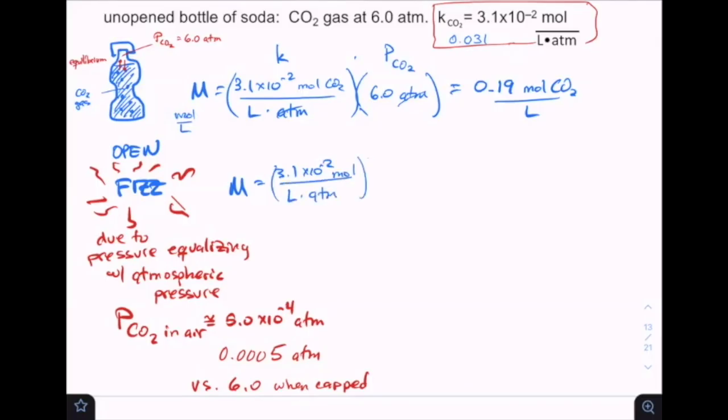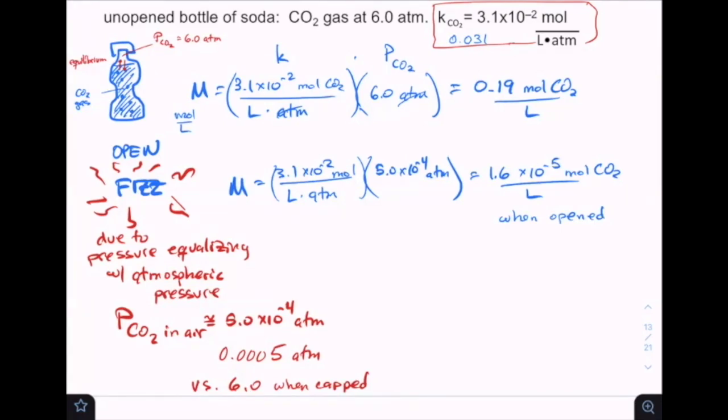But now we have a new partial pressure above the liquid. Now it's going to be 5 times 10 to the minus fourth atmosphere. So we should expect to get a lot less solubilized. This number comes out to be 1.6 times 10 to the minus fifth moles of carbon dioxide per liter. That's when opened. That's a lot less, okay?